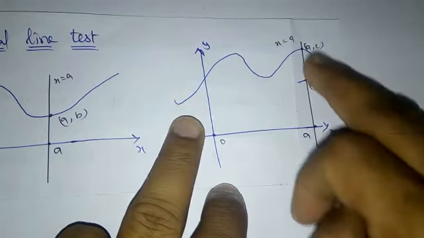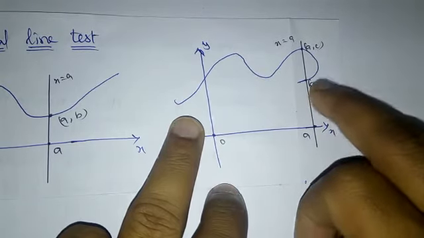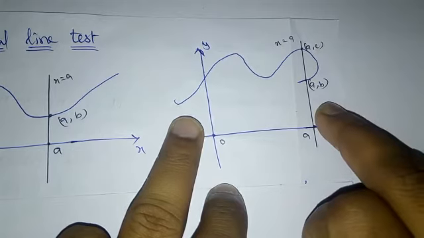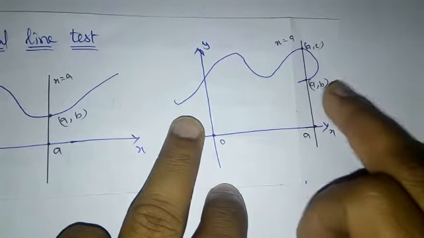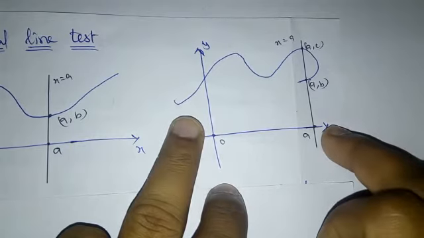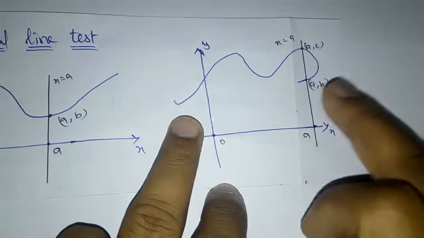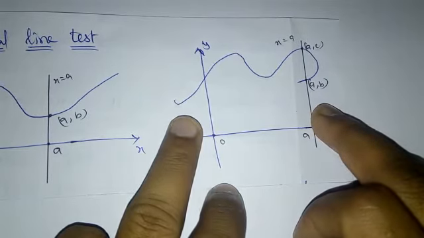The vertical line at x equal to a intersects the curve at two different places, which means that the moving particle is in two different places at the same time. Is it possible? Absolutely not. Therefore, this curve cannot be a graph of a function.